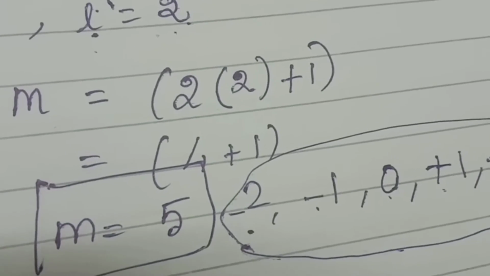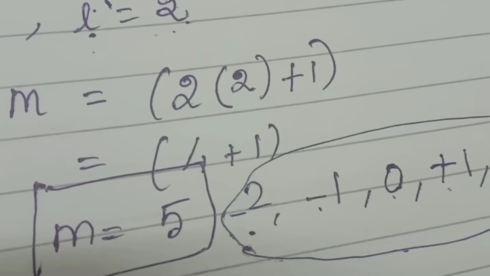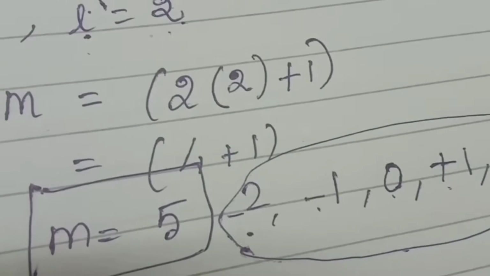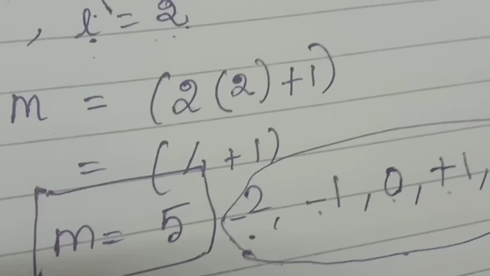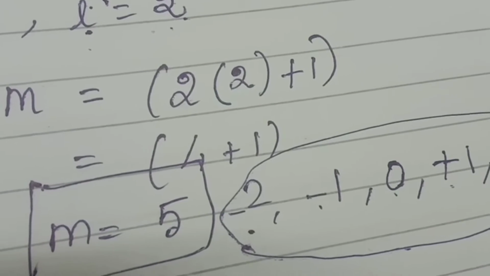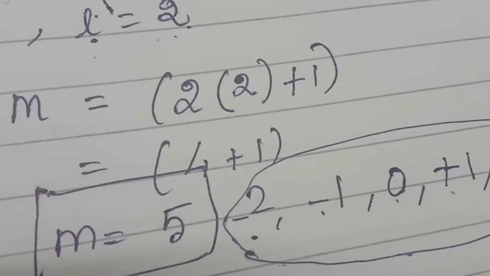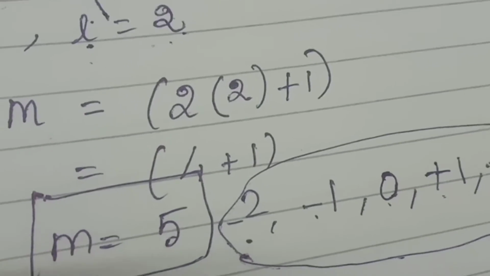The answer is M is equal to 5. How many orientations are possible here? 5 orientations are possible. What are the 5 orientations? Minus 2, minus 1, 0, plus 1 and plus 2. So totally 5 values we got.